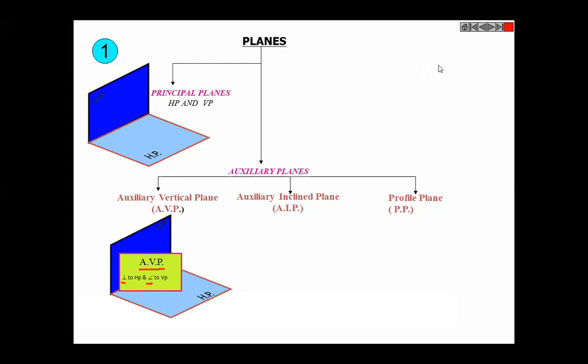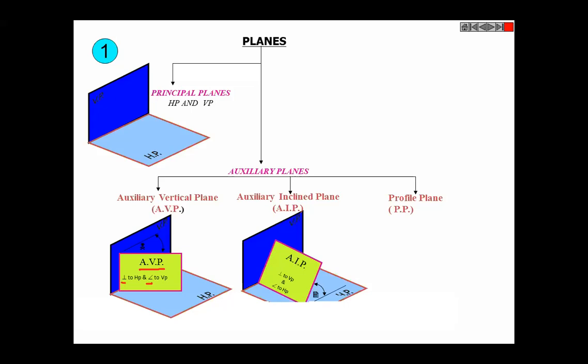Clear? This is the inclination, what it is showing, the angle. Now this plane is perpendicular to the vertical plane, but it is inclined at some angle with the horizontal plane.